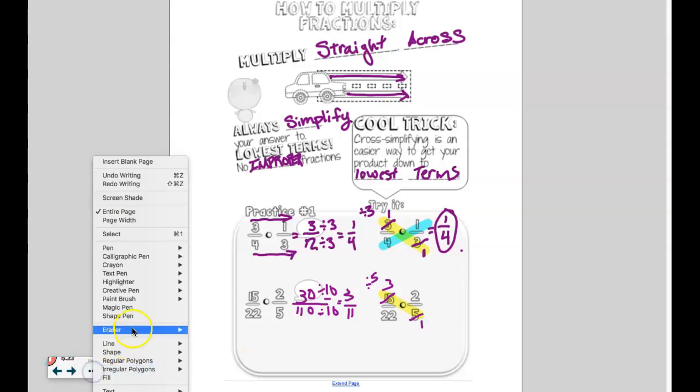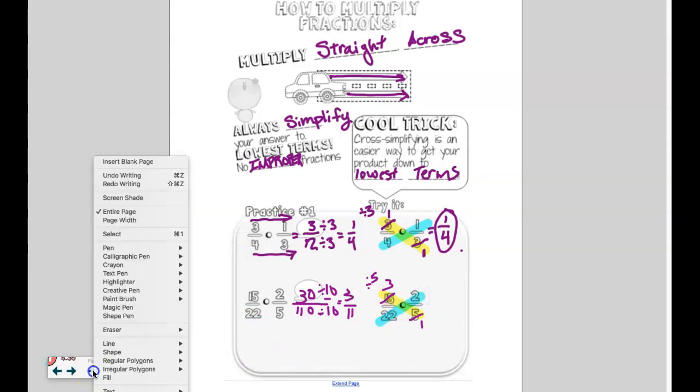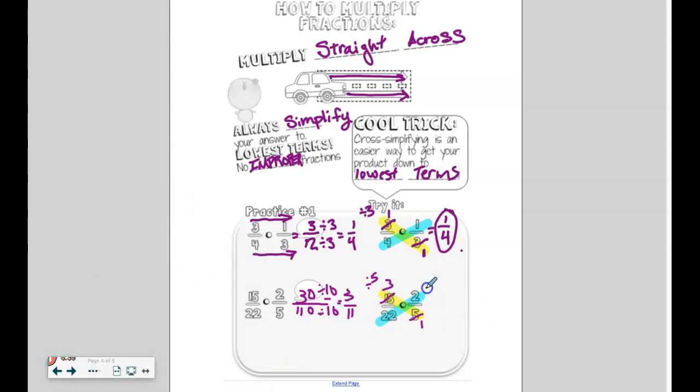Now we can look at our other diagonal. We have 2 and 22. Do they have anything in common? They have 2. So we're going to divide them both by 2. 2 divided by 2 is 1. And 22 divided by 2 is 11.